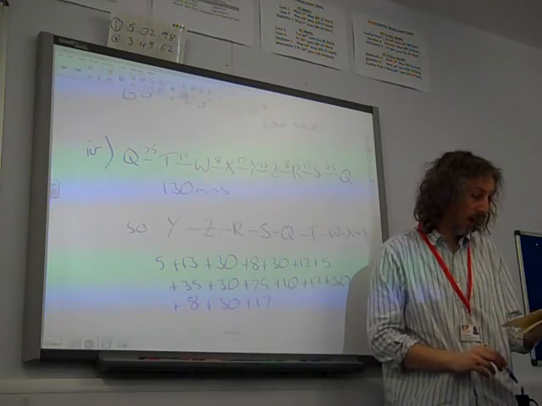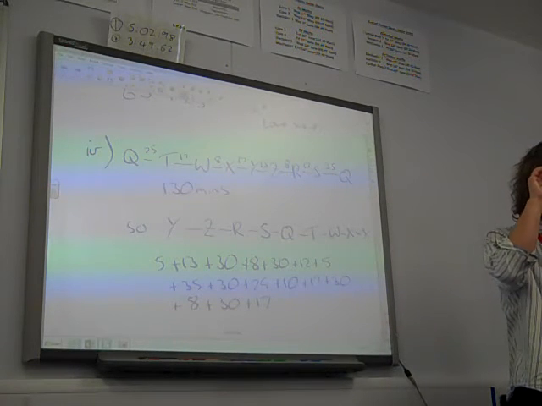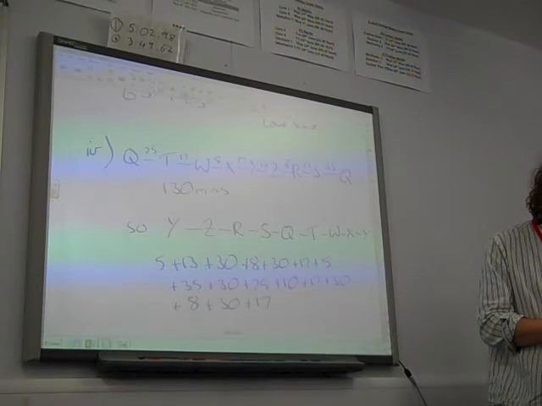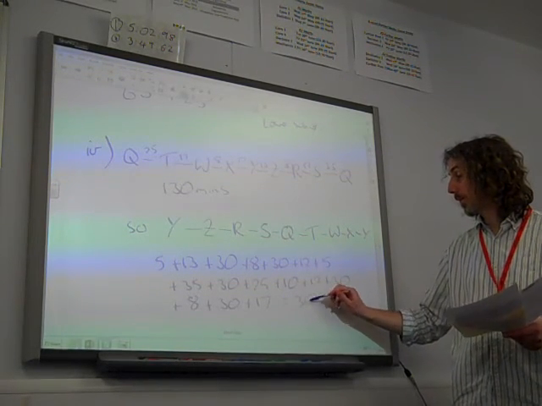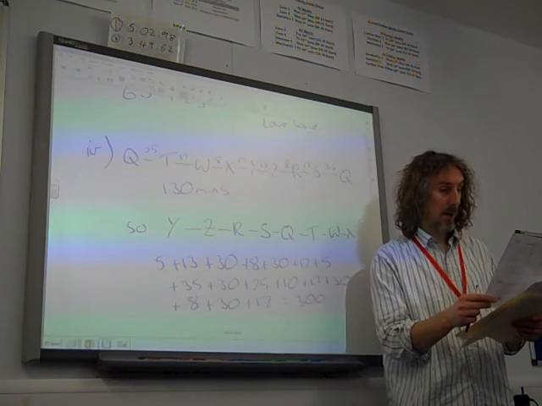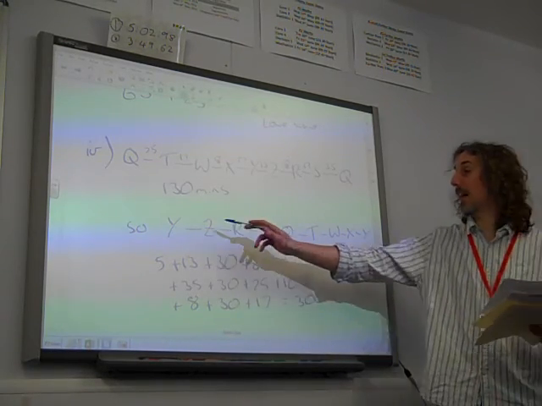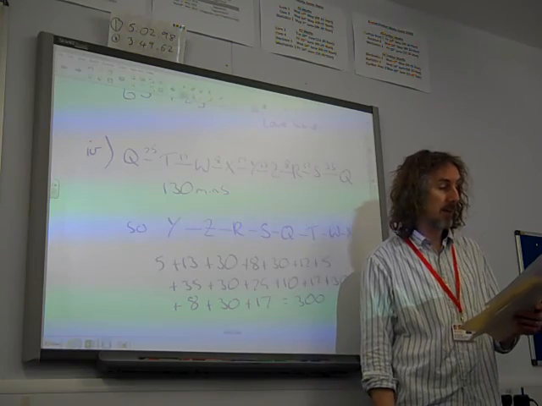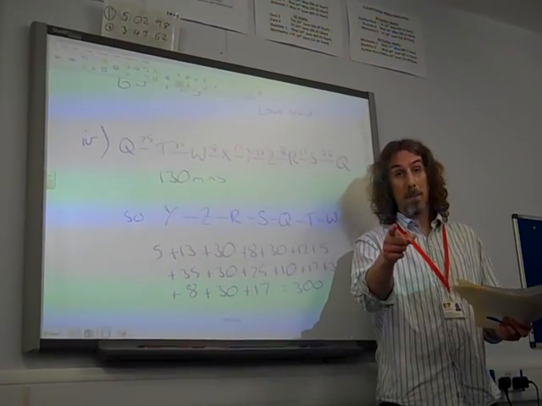We don't need to stop again at Y because we've already been to Y, we've already stopped for our 5 minutes there. That's the end. If we add that up, that gives us 300 minutes. There you go, that's it. They wanted to see that route. They wanted to see you adding it up in some way to get 300 minutes. That's D1 maths.